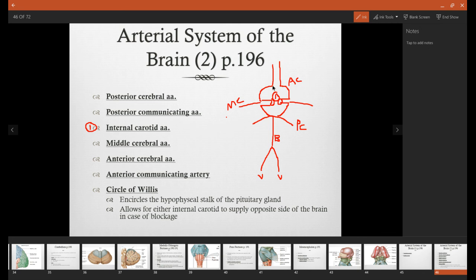Now this really tiny one that connects the 2 anterior cerebral arteries and completes the head is called the anterior communicating. So let's fill in the rest here. We're going to make an arrow, put a number 2. Again, remember there are 2 posterior communicatings.